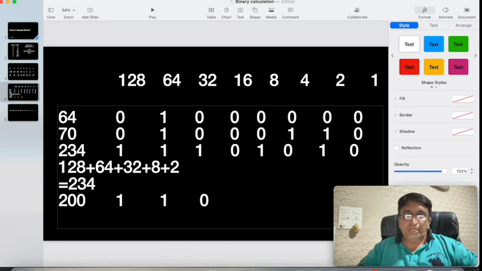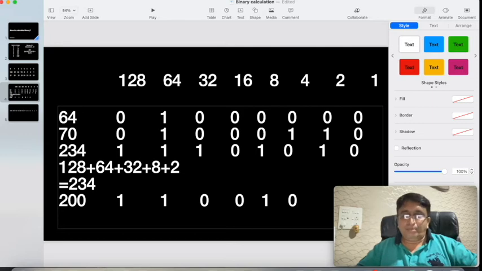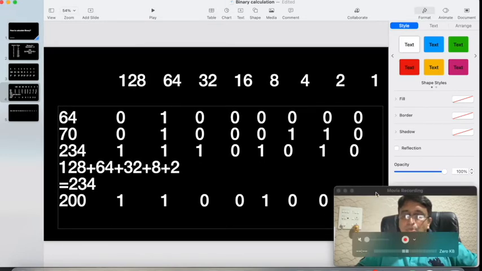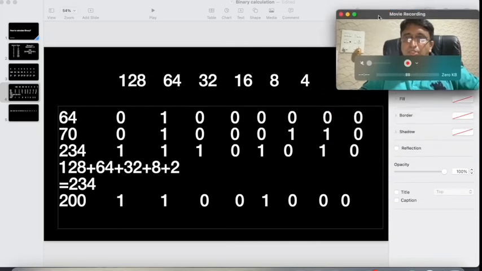So the bit of 16 will be 0. I will require only the bit of 8. I don't require the bit of 4 anymore. So this will be 0 again, this will be 0 again, and the last one will also be 0.